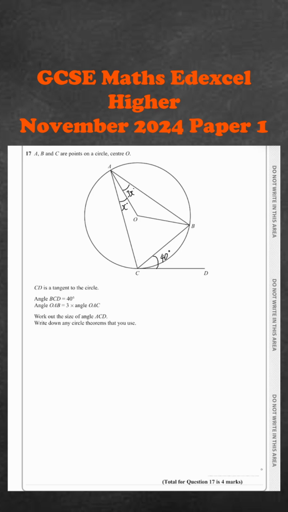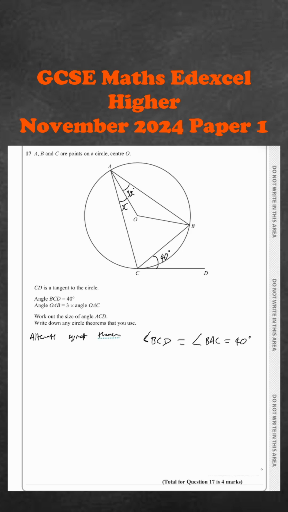So we'll use our first circle theorem here, and I'm going to say the alternate segment theorem, apologies for my handwriting, tells us that the angle BCD equals the angle BAC, which is 40 degrees.